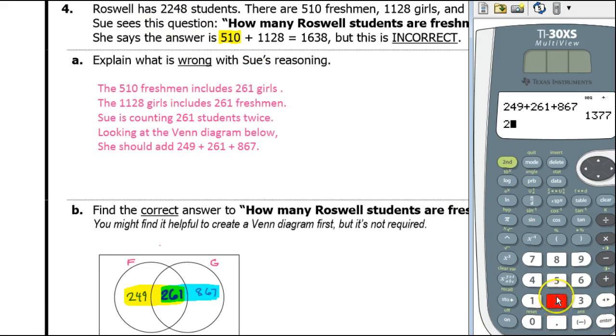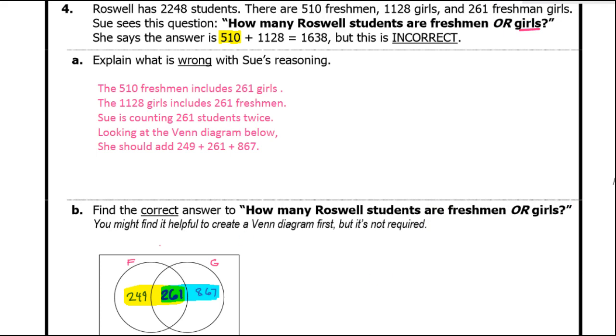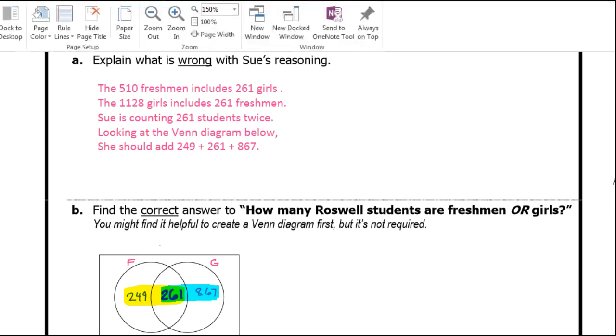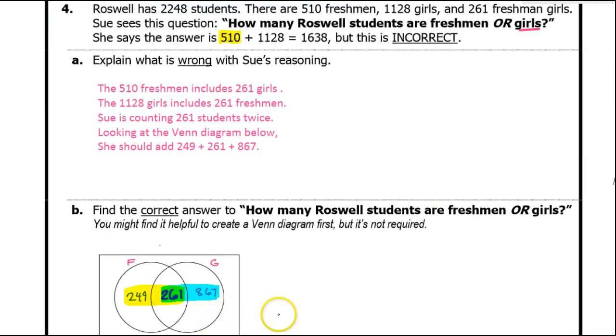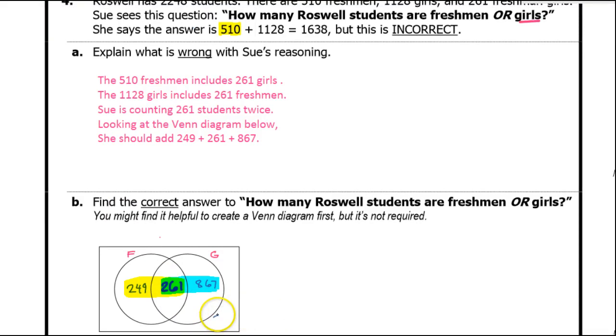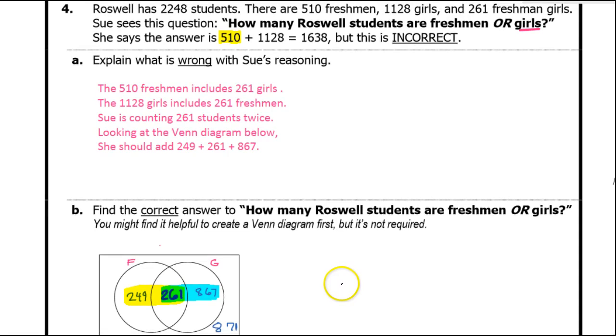We'll take the 2,248 and we will subtract the 1,377. And that leaves 871. So to complete our Venn diagram, we should really have 871 out here. Okay, keep that in mind when we do the next problem.